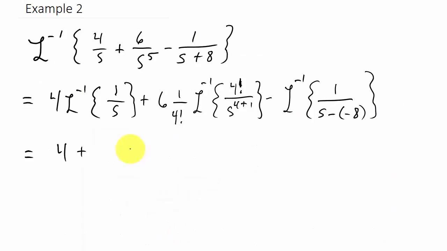So 4 factorial is 24, so that would be 1/4, and then t to the n, and in this case n is 4. And remember, 4 factorial is 4 times 3 times 2 times 1, which is 24, so 6 over 24 is 1/4.